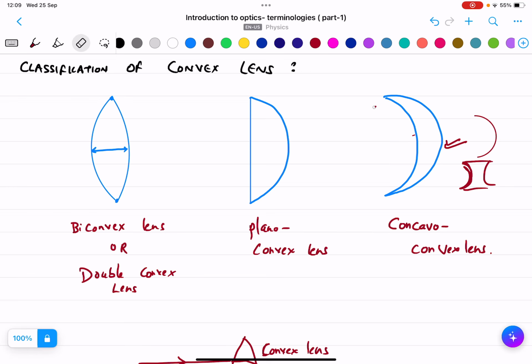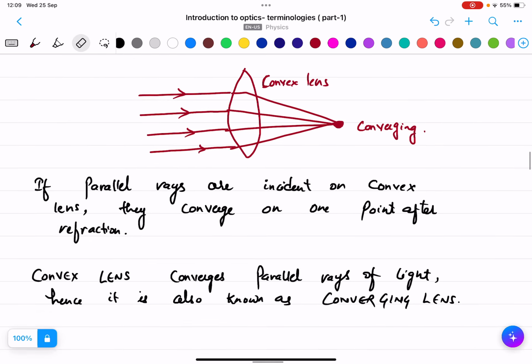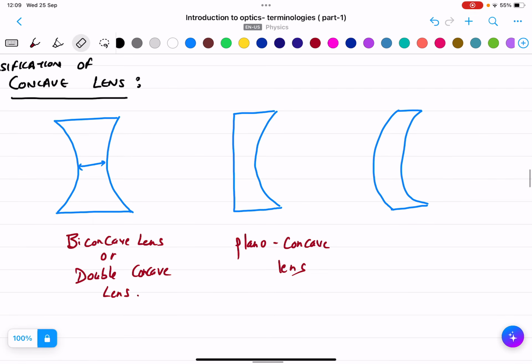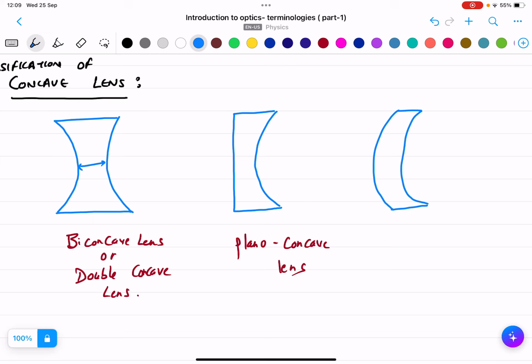Now the another one, can you name the another one for concave lens? Yes, this one. Try it. So see, this is a convex lens, right? So this side is basically a part of the convex lens, and another side is a concave lens.